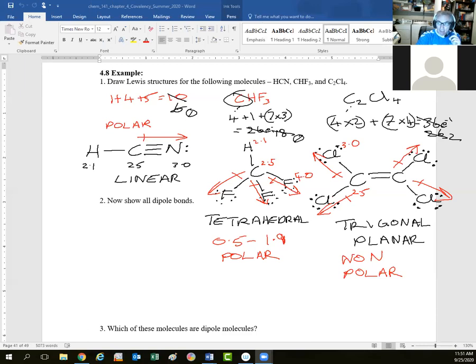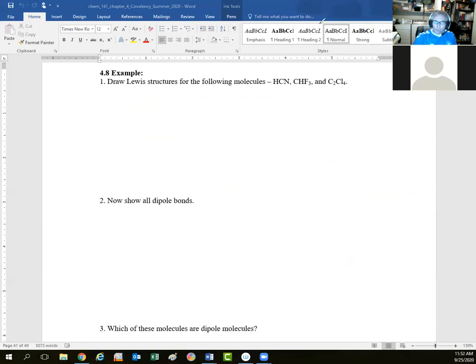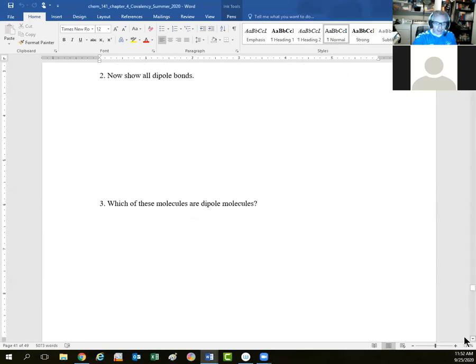If it has exactly 1 polar bond, then the molecule is always polar, because the electrons are just being drawn to one side of the molecule. That's all we mean by polar and polarity. There's more electrons on this side, less electrons on the other side. And if there are multiple polar bonds, the molecule will be polar unless the symmetry of the molecule causes those bonds to cancel each other out.